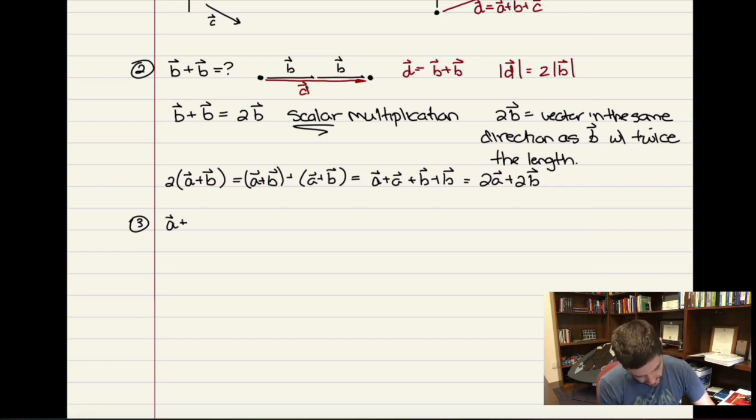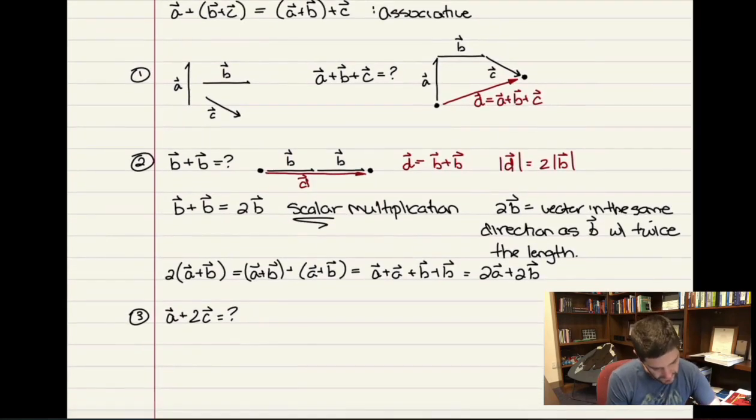So maybe this is not necessary to do. If I have A plus 2C, I could ask what is this vector at the end of the day. I could go back up to my vectors.